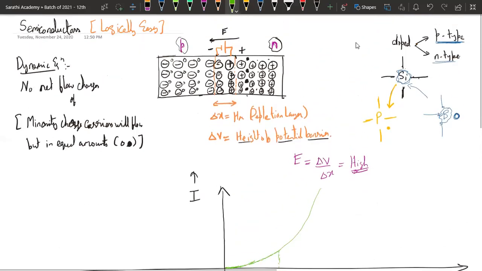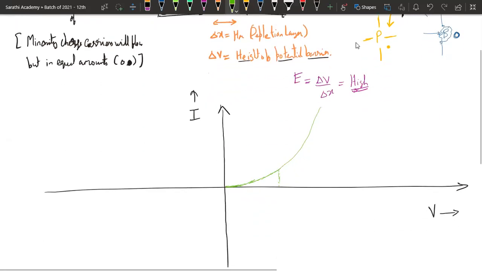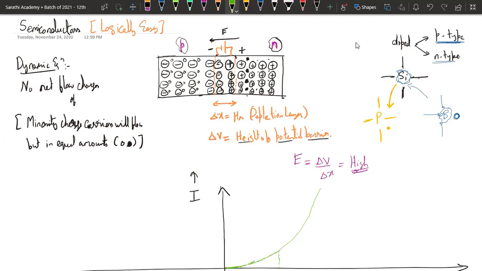So in this case, the diode can be shown like this. ये diode को हम लोग ऐसे दिखा सकते हैं. Basically इसको diode बोलते हैं. This is P type and this is N type.